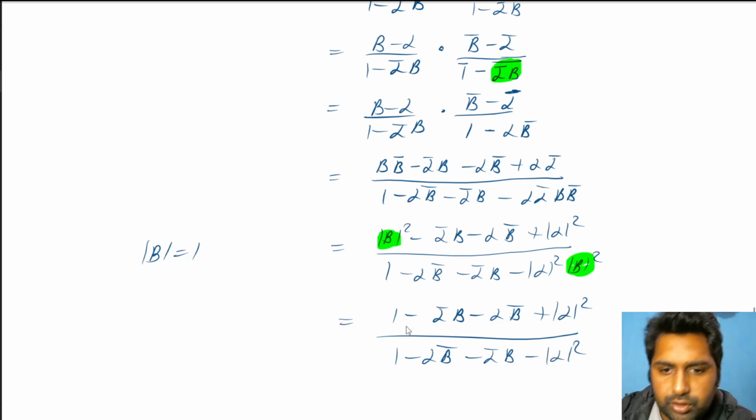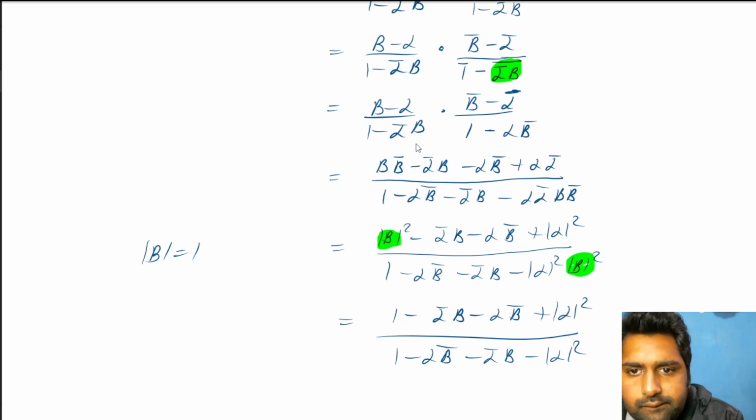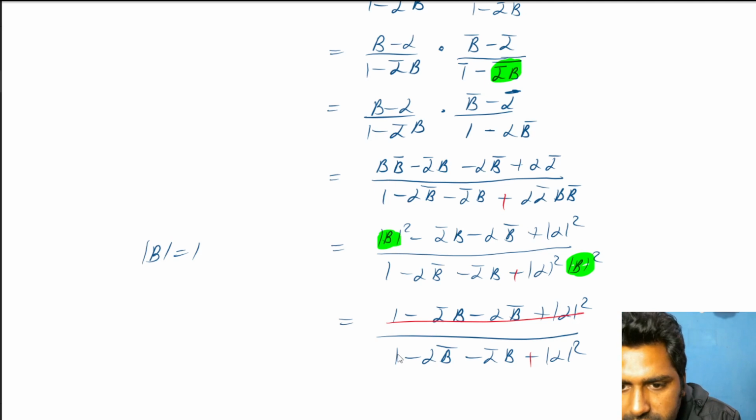Just look at the numerator: 1, 1; alpha bar beta, alpha bar beta; alpha beta bar, alpha beta bar. There is something wrong with the sign. Negative, negative, so this should be positive. Now the signs are matching. So 1 matches with 1, alpha bar beta with alpha bar beta, alpha beta bar with alpha beta bar, mod alpha square with mod alpha square. Numerator and denominator are the same, so this becomes 1.